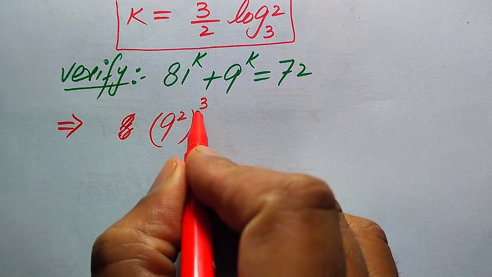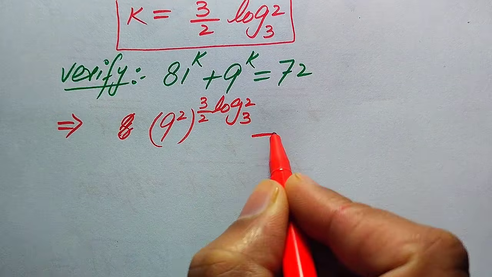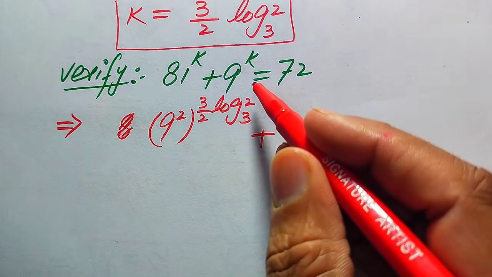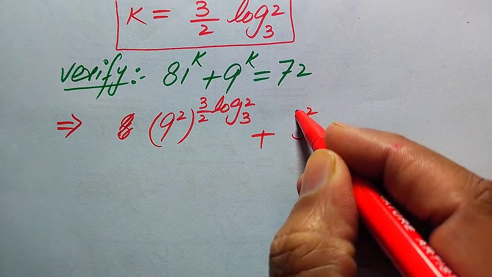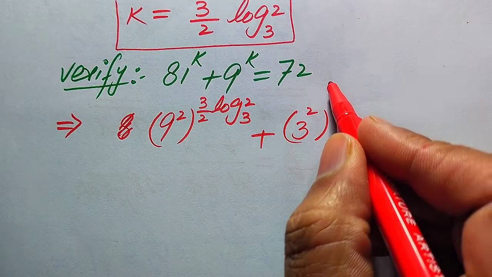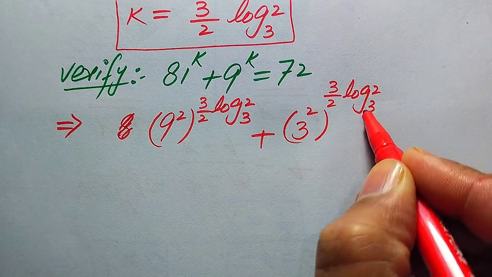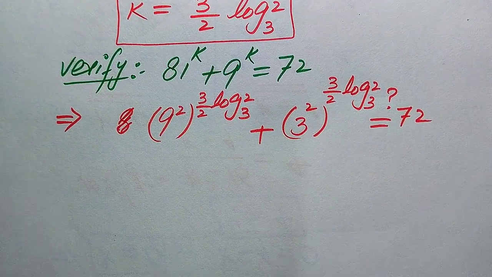The value of k is 3 over 2 times log 2 with base 3, plus, in the same pattern we write this 9 to the power of k, we write this 9 as 3 squared, and its whole power is k, and our k is equal to 3 over 2 times log 2 with base 3. And here we check whether this is equal to 72 or not.